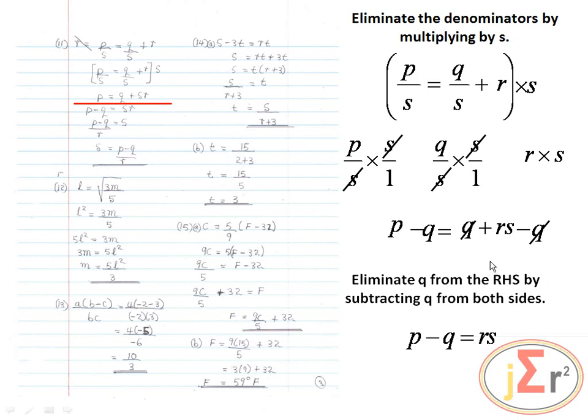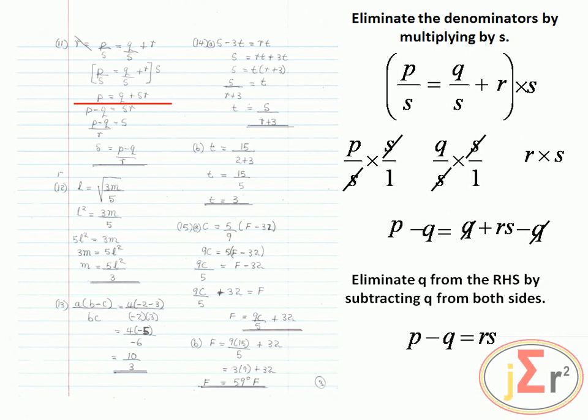Finally, we will eliminate R. As a matter of fact, at this stage, R is the only symbol in the way of S being the proposed subject. At this stage, it is being multiplied.